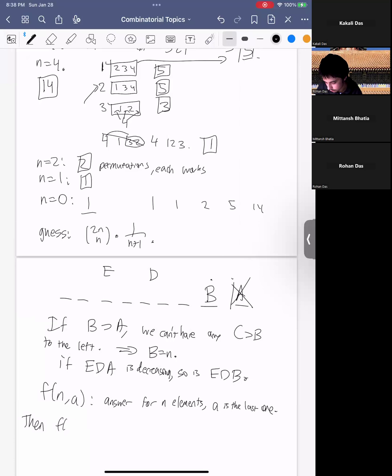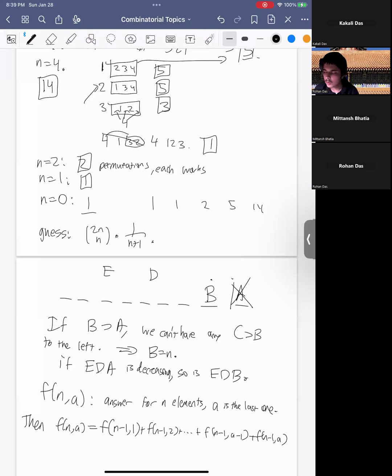Then f of n a is f of n minus 1 1 plus f of n minus 1 2 until f of n minus 1 a minus 1. And there's also the case where b equals n. But then no decreasing subsequence can contain b. So if we just delete it, it's the same as f of n minus 1 a.